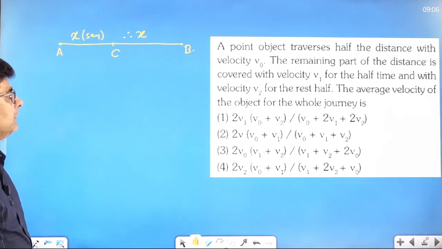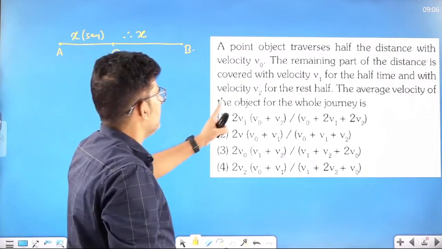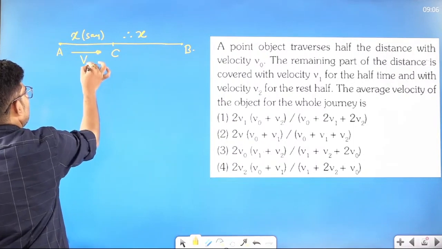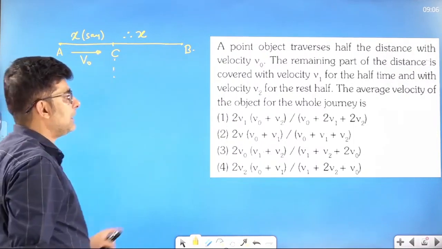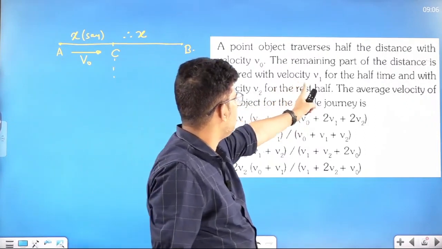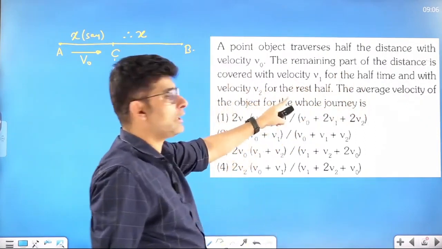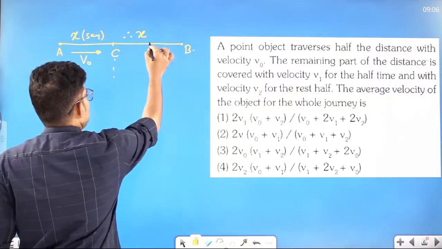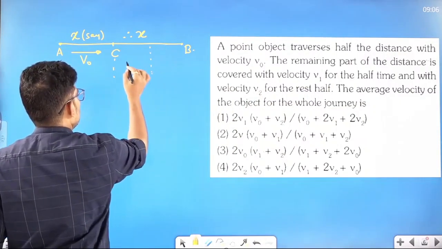I hope it's clear. Now they are saying that in the first part you are traveling with a speed of v0, but the next half it is traveling with v1 for half time and v2 for the rest half time. Now here they are using time, that means this journey again is split into two parts.